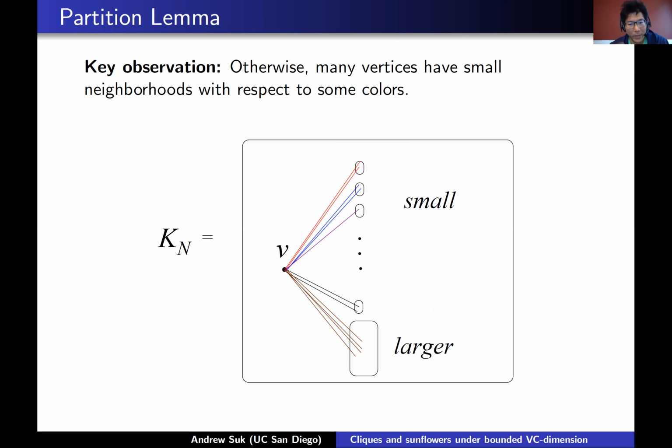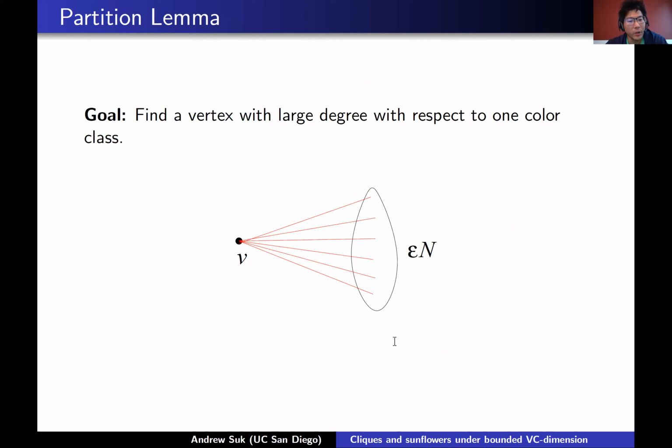Okay, so after you iterate this argument over and over, either you win and found your monochromatic triangle, or you can conclude that there are lots of small neighborhoods with respect to many color classes. And then this large color class down here would be of size constant times n. Remember, that was our goal.